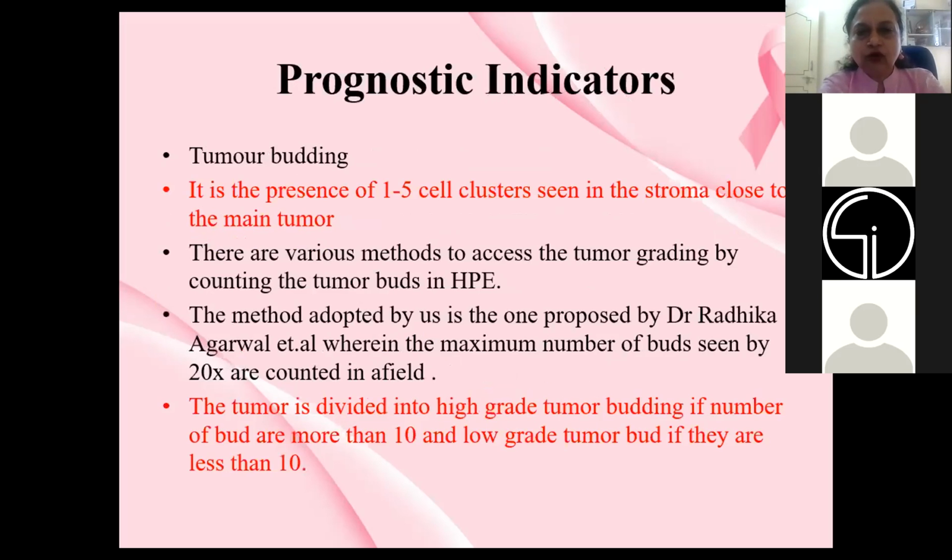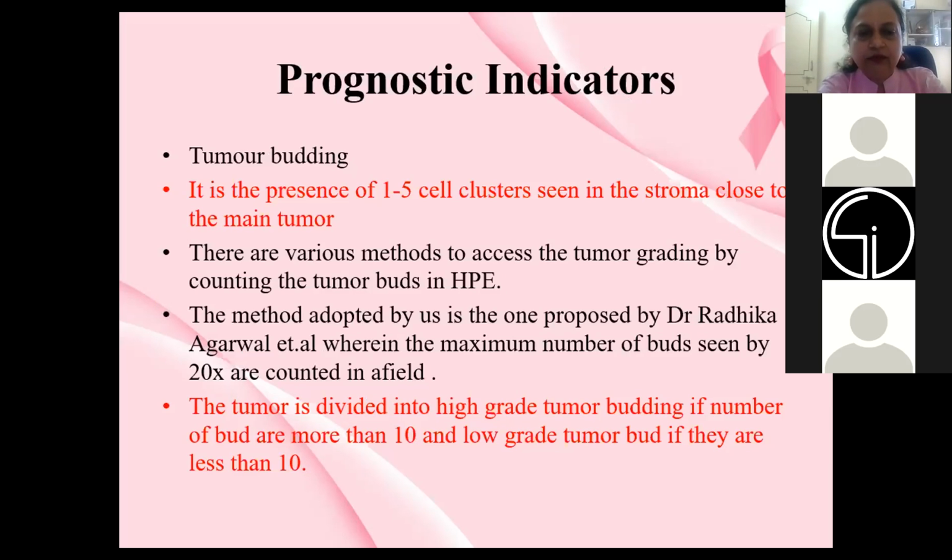Now coming to the prognostic indicators, that is tumor budding. What is it? It's the presence of 1 to 5 cell clusters seen in the stroma close to the main tumor. There are various methods to assess the tumor grading by counting the tumor buds in HPE.